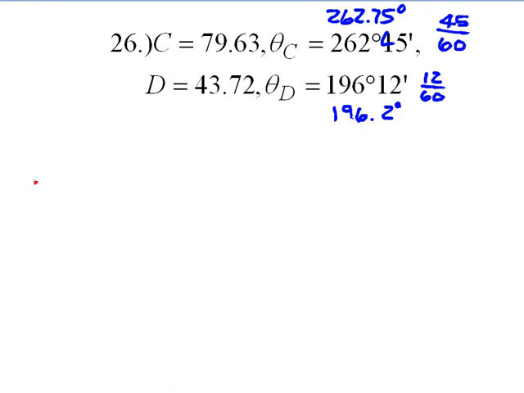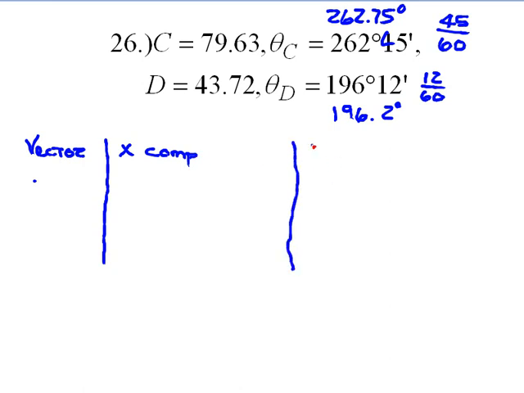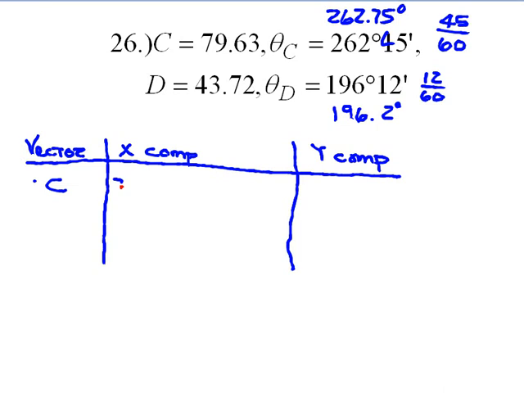Alright, let's start our chart. Vector, x component, y component, we'll start with C. We have the value of C, 79.63.